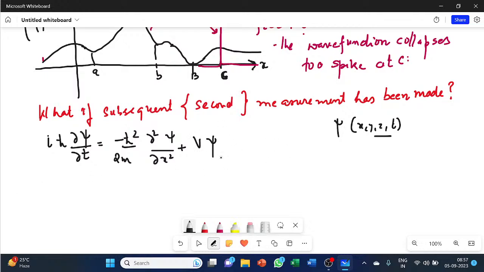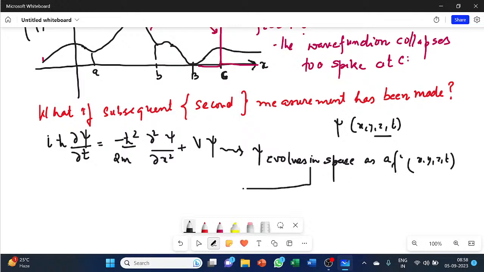So you know that this particular psi evolves in space as a function of x, y, z, and t, governed by this equation, right? This is your Schrodinger equation in general.